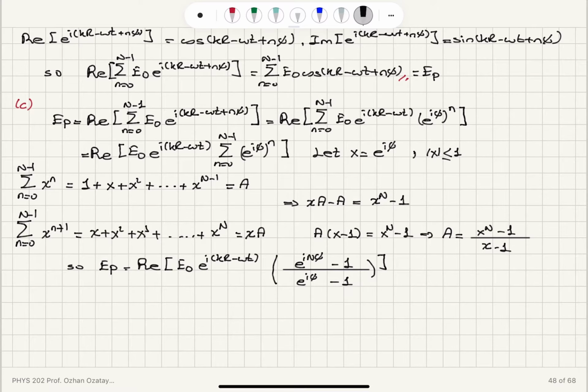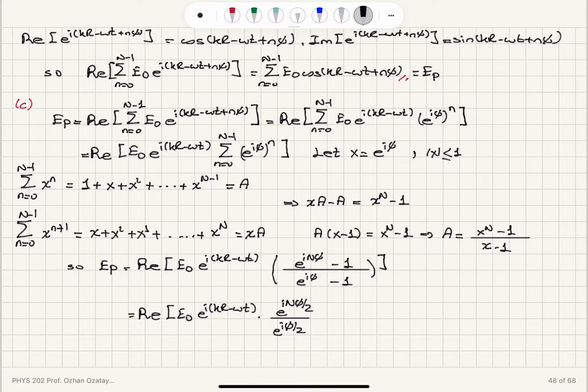All right, and now this can be written as the real part of E0 e to the i kr minus omega t, and I will take from the top e to the i capital N phi over 2 in parentheses, and from the bottom e to the i phi over 2 in parentheses.